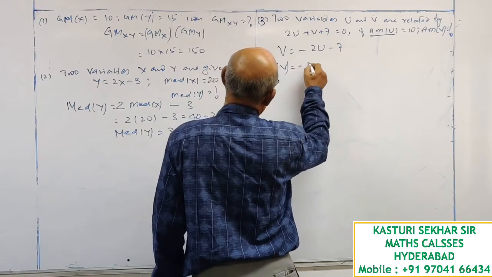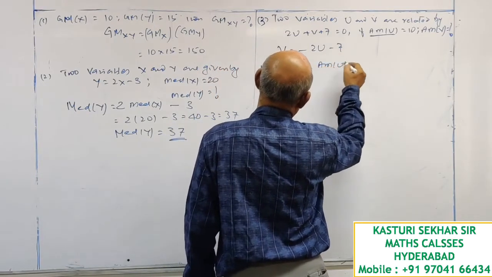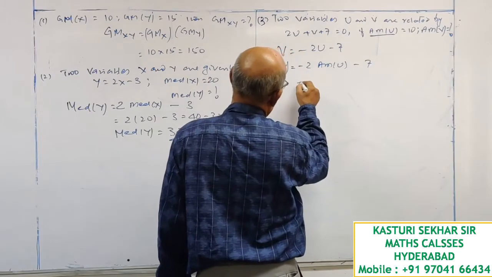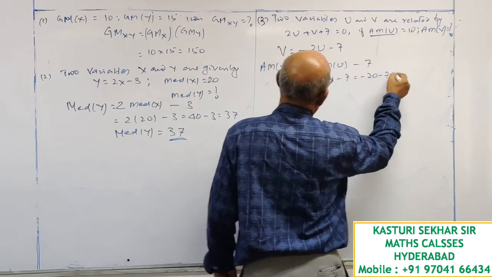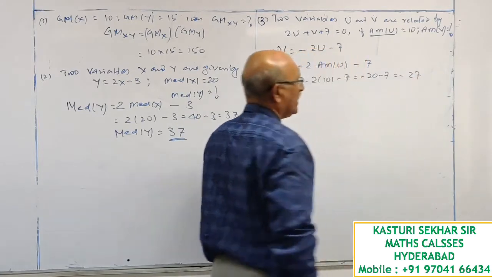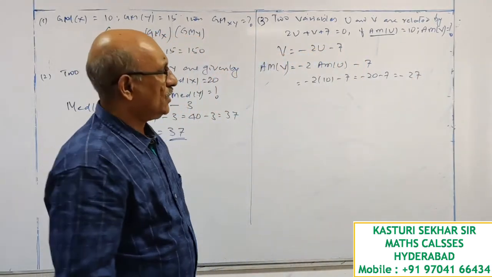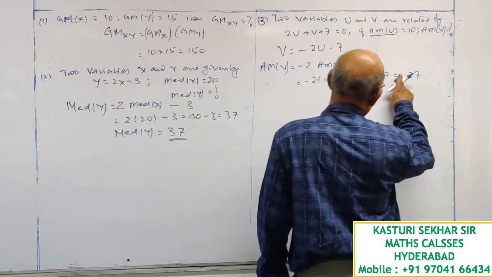Arithmetic mean of v is equal to minus 2 into arithmetic mean of u minus 7, minus 2 into 10 minus 7, this is minus 27.